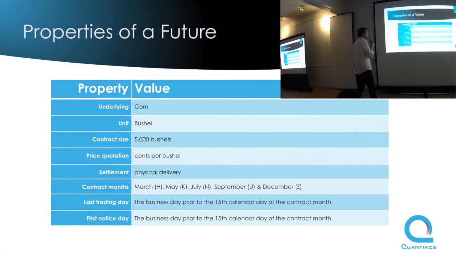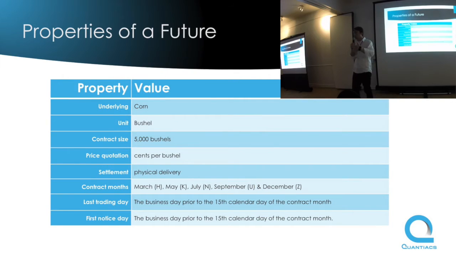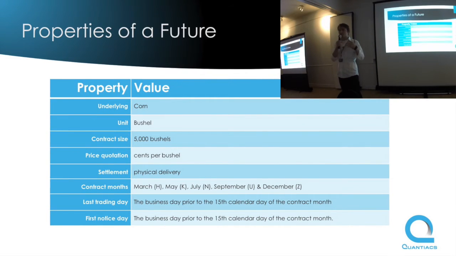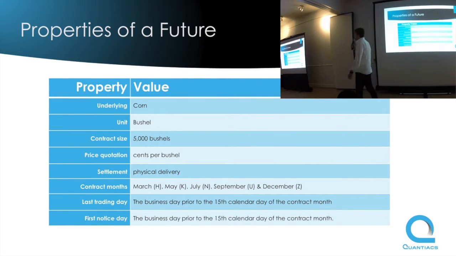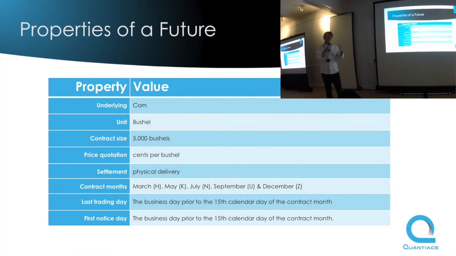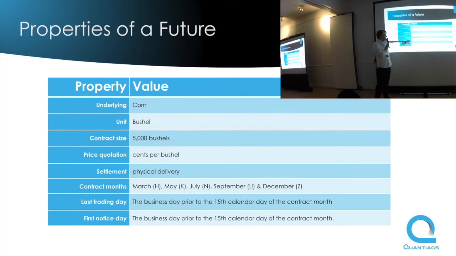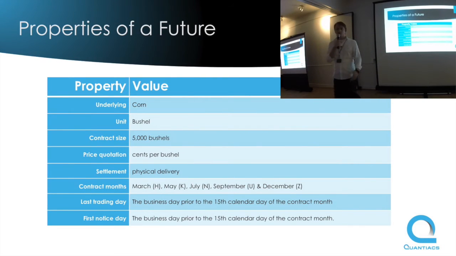And the first notice day is the day where the holder of a short contract could announce that he wants to make the delivery. Usually the delivery of the underlying does not happen on one specified day, but let's say during a week or so. So if this is a March contract for corn again, then the physical delivery could happen in, let's say, the 3rd week of March.